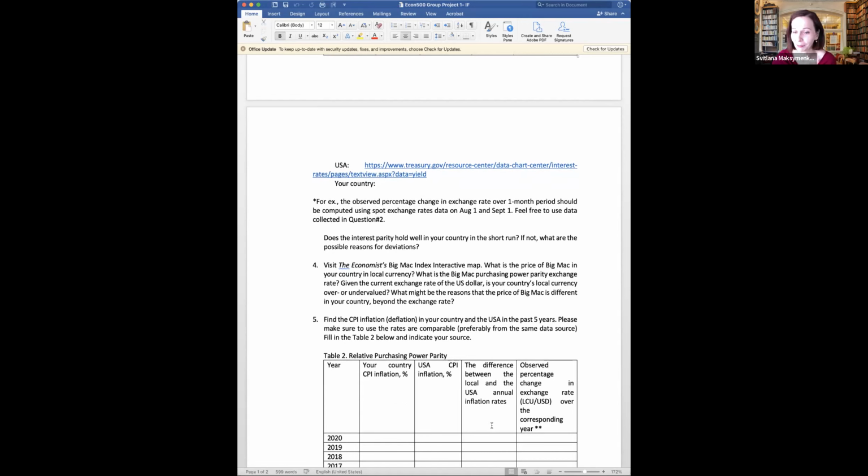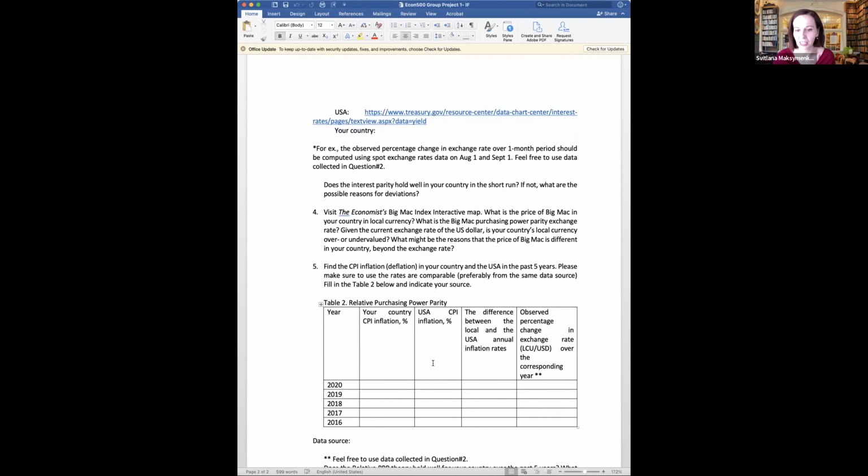They search for information about the price of a Big Mac in local currencies. They use the exchange rate to convert it into US dollars, and of course do all the comparison and write, I don't know, a few paragraphs on whether the exchange rate is overvalued or undervalued.